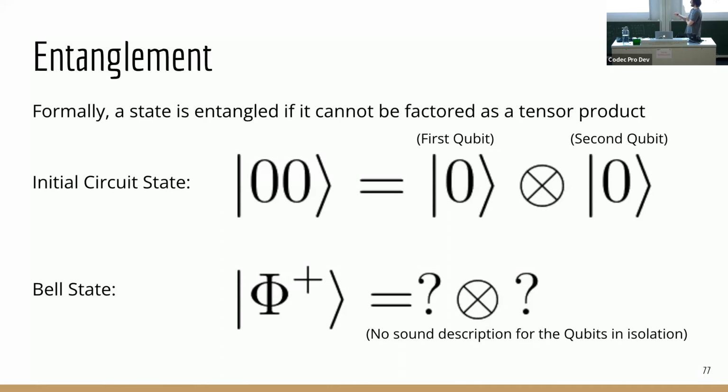The 0-0 ket is the tensor product between the 0 ket and the 0 ket. However, for the Bell state, there's really no sound description for these qubits in isolation. There's no way to solve the system of equations required such that you have something valid to place where there are these question marks.